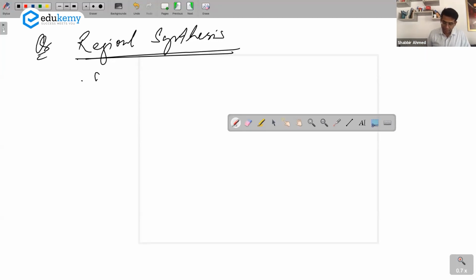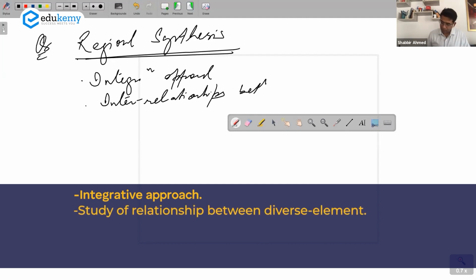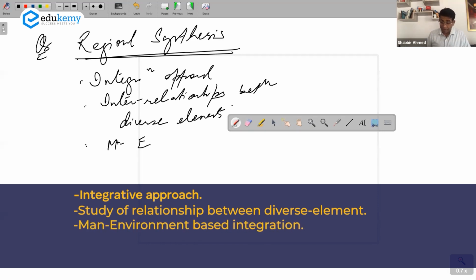Basically, a type of integration approach, study of interrelationships between diverse elements. Okay, synthesis matlab man environment based integration.